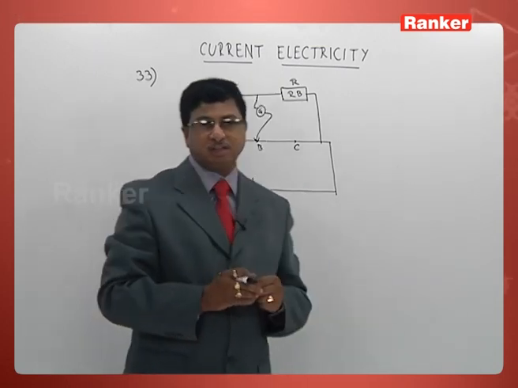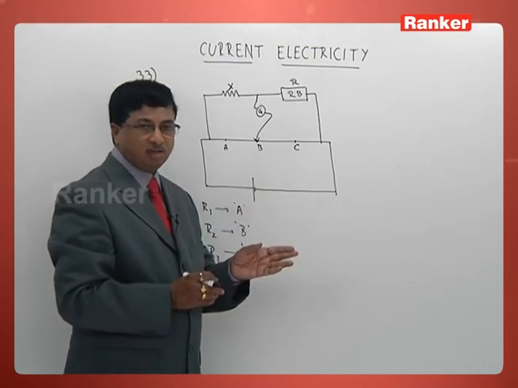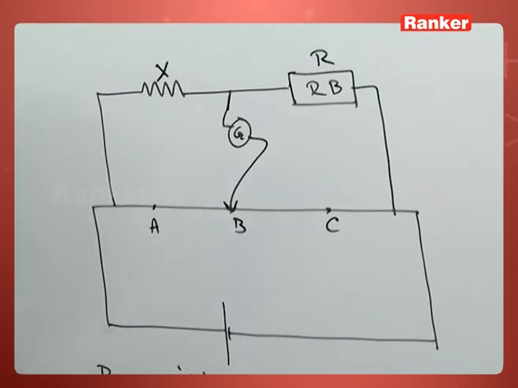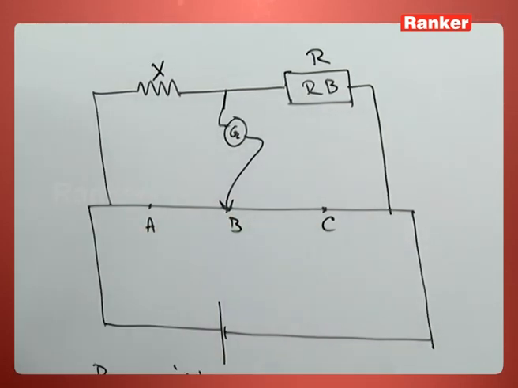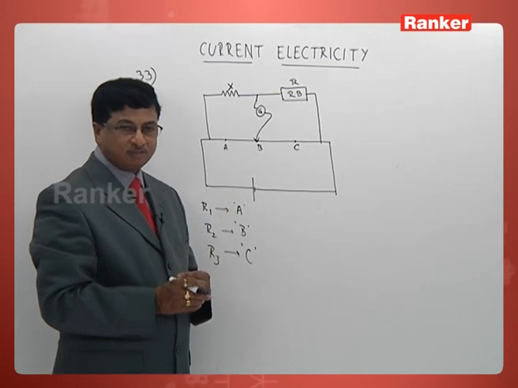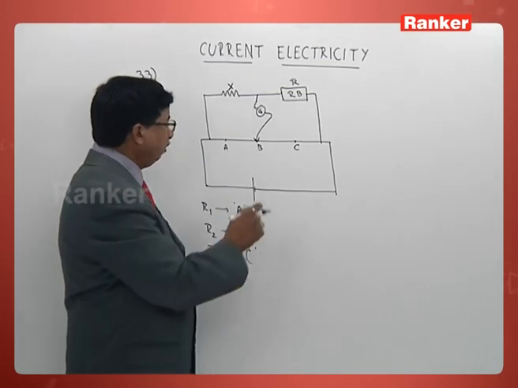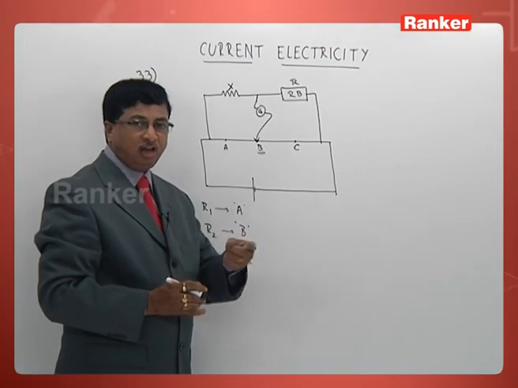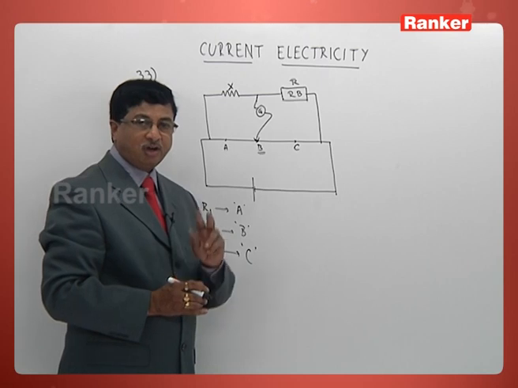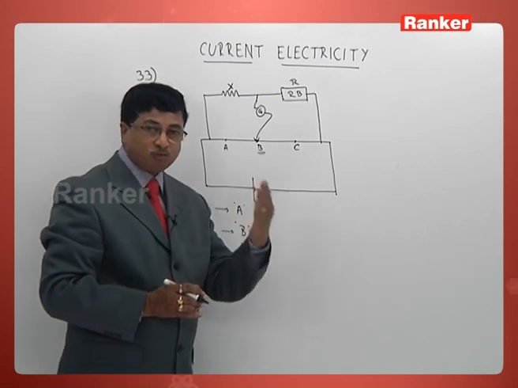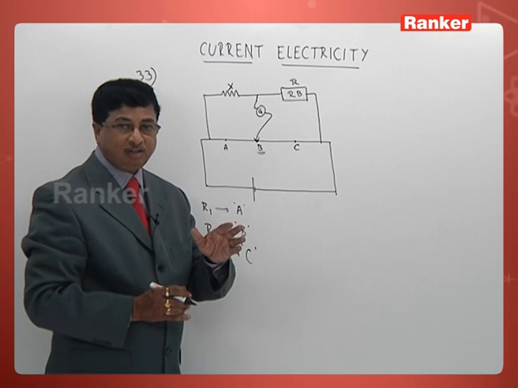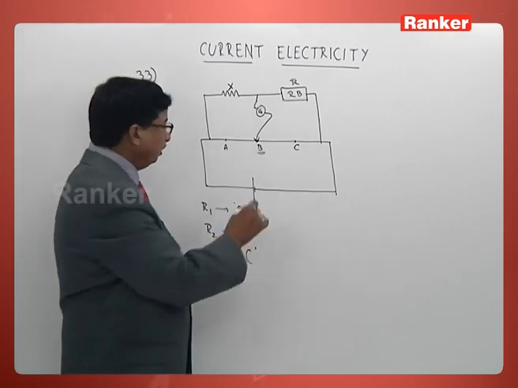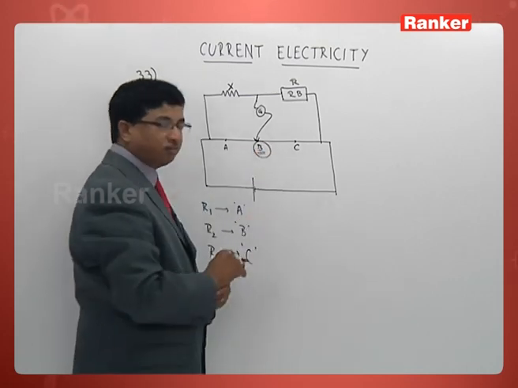If you look at the values he has given, A is one balance point, B the second one and C the third. By common sense and general idea, one can understand that this point is either right at the midpoint or very close to the midpoint. So certainly out of all the 3 points, this is a better option for us.